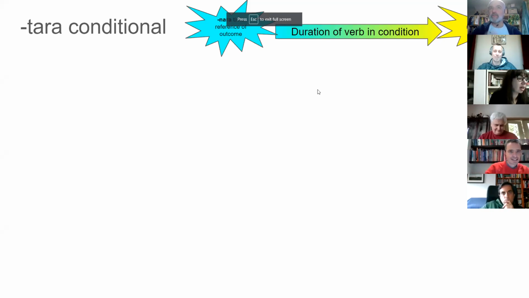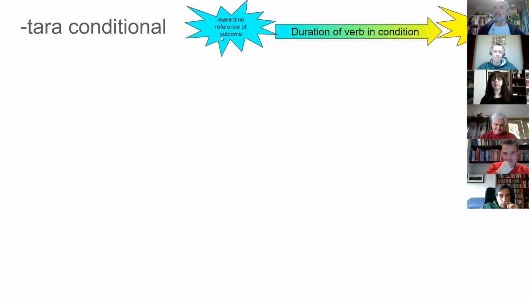I made a little change to the tara slide just to make it a little bit easier to understand. So this is the problem that we were running into with this thing about going to Mexico and buying tequila, or coming to my house and making a telephone call. If we think of the time, this is the duration of the conditional verb.